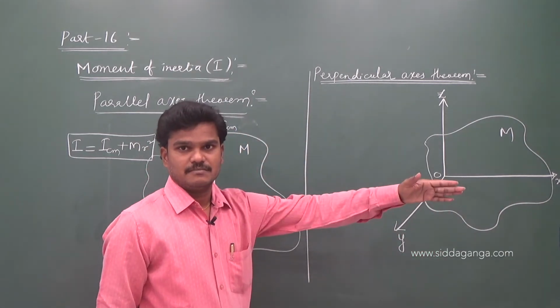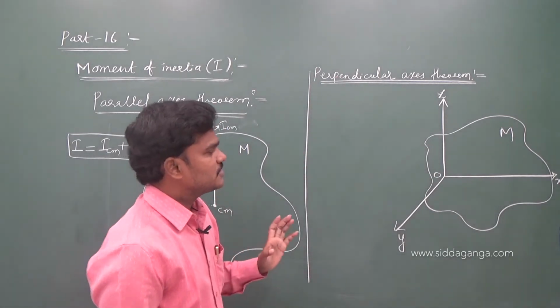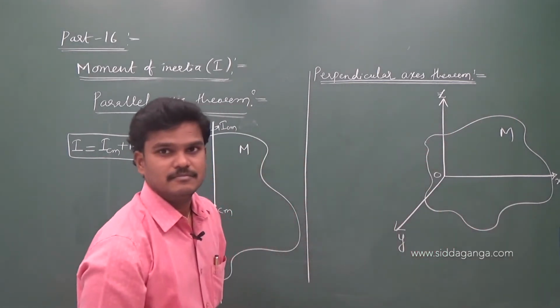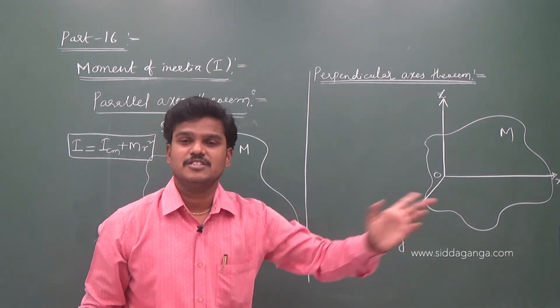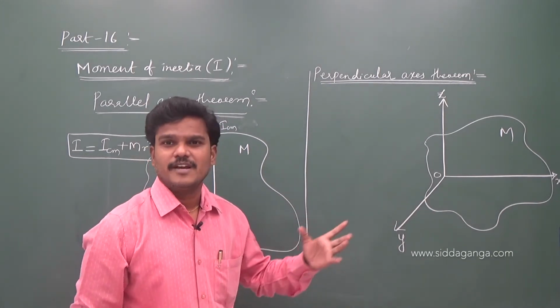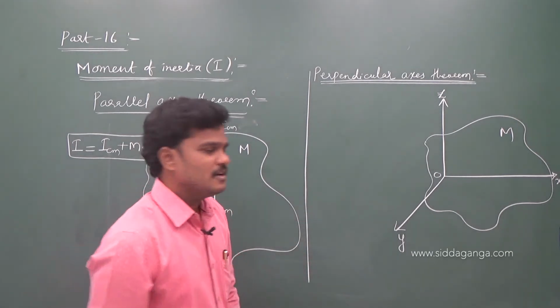If this rigid body rotates in this coordinate system, then it will have some moment of inertia about the x axis, about the y axis, and about the z axis.